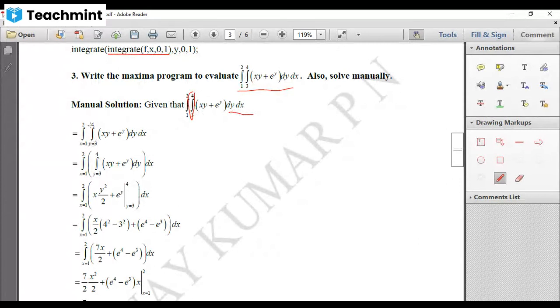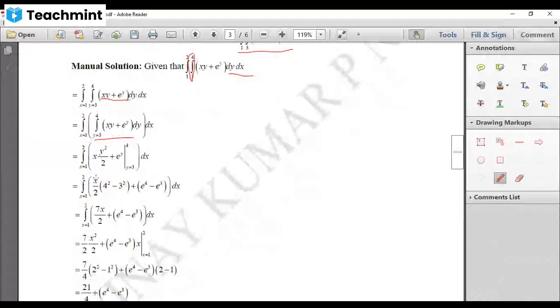So your y varies from 3 to 4, and x varies from 1 to 2. Now, is it possible to separately integrate this? No, we cannot write this one explicitly as two separate integrals. It's not possible. Why? Because x and y are mixed here. It's an implicit function. So first you have to integrate with respect to y. Then you have to integrate that answer with respect to x.